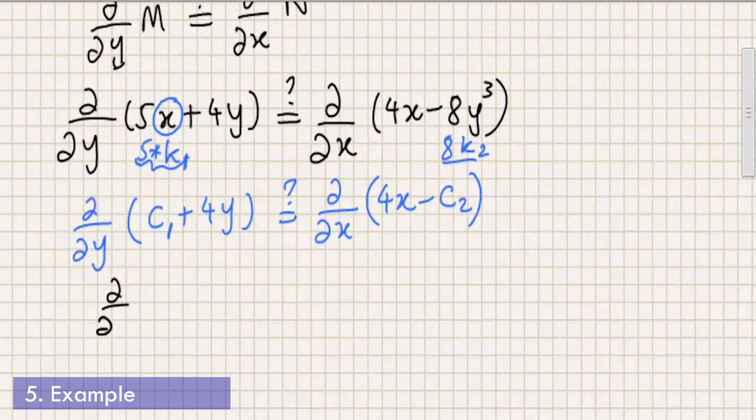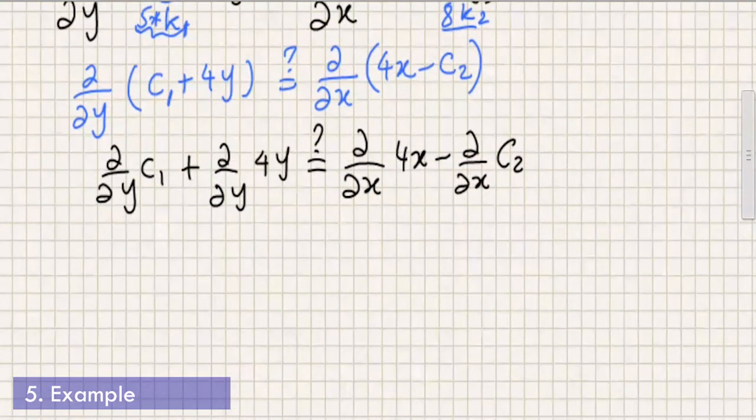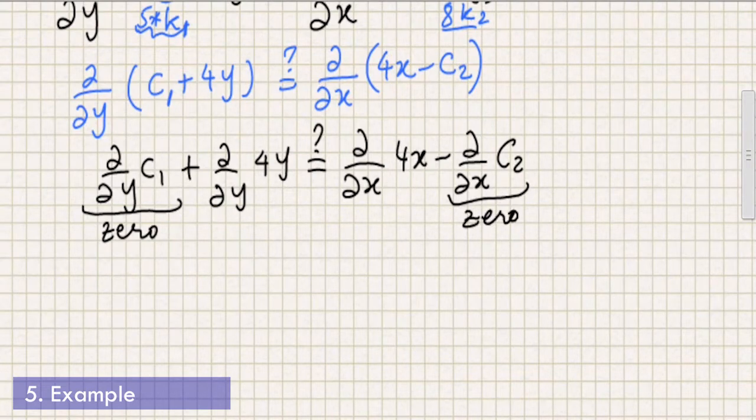∂/∂y of a constant plus ∂/∂y of 4y is equal to ∂/∂x of 4x minus ∂/∂x of c2, right? So the derivative of c1, or any constant for that matter, is 0, right? And here also the constant's derivative is 0. So what do we get as a result? The derivative of 4y with respect to y will be how much? 4.